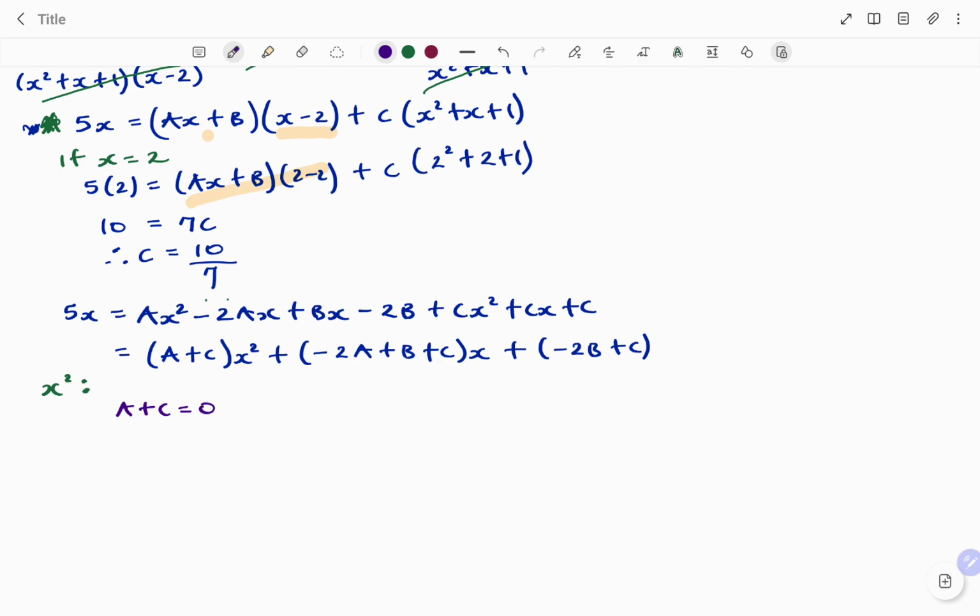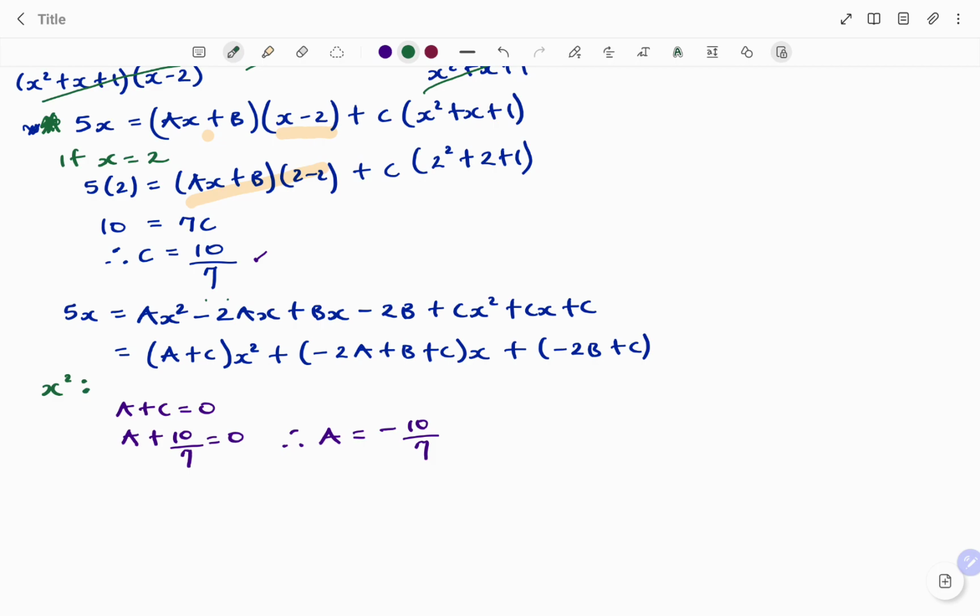We know the value of c as 10 over 7, so I have a plus 10 over 7 equals 0. Therefore, the value of a, taking 10 over 7 to the right hand side, will be minus 10 over 7.